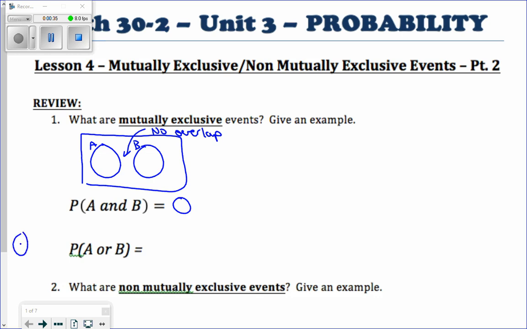All of these questions will have the word "or" in them. Okay, so back to set theory, "or" means one or the other or both. Or means add. You learned that from perms and coms. So we're just going to take the probability of A and add it to the probability of B. And that's it. Or means add.